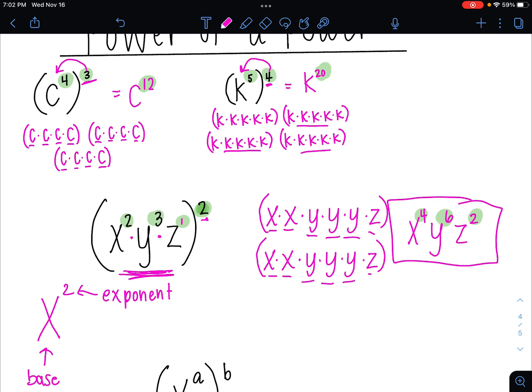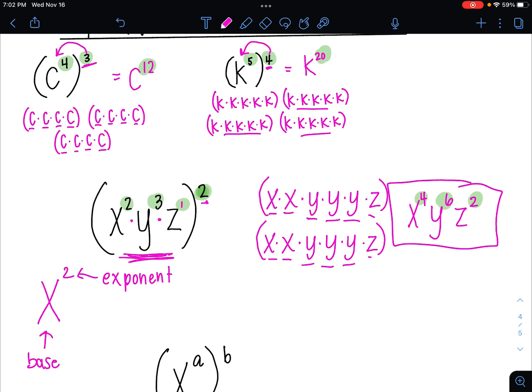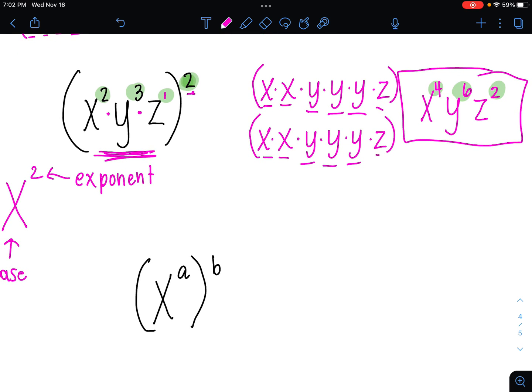So the rule when we're talking about power of a power is we take the exponents and we multiply them. x to the power of a times b.